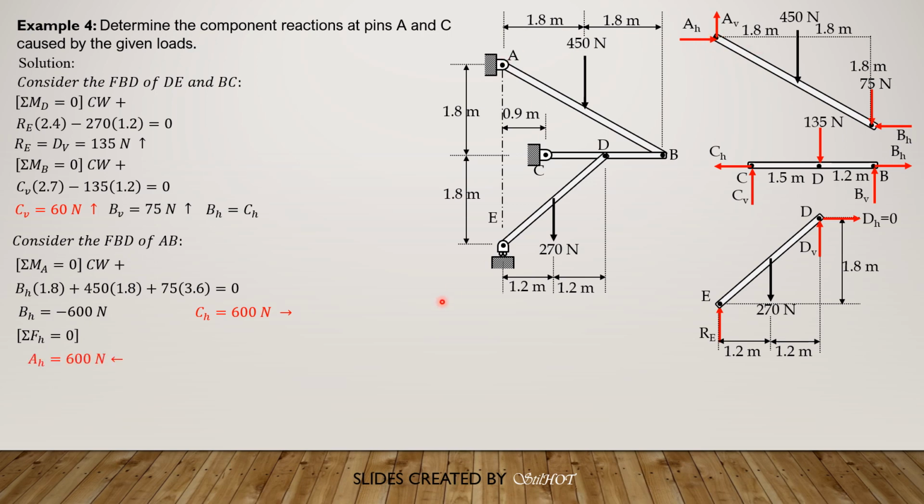So A_H equals 600 newtons leftward, and summation forces vertical equals 0. A_V minus 450 minus 75 equals 0. Then A_V is equal to 525 newtons upward. So that completes the analysis and the requirements in this problem.